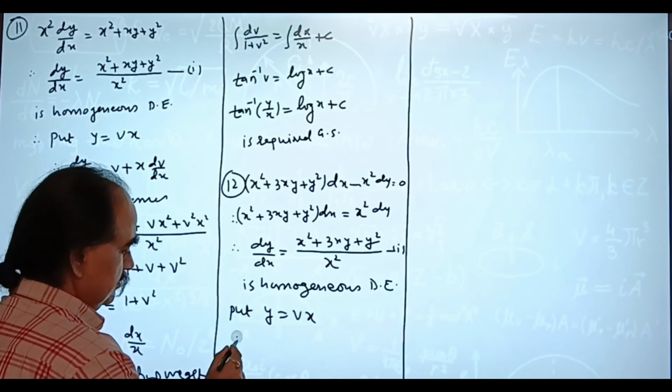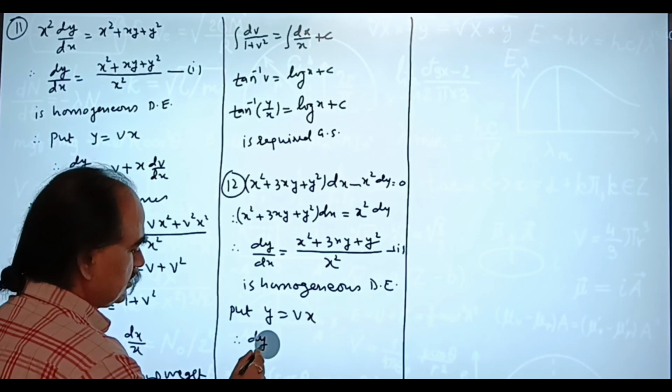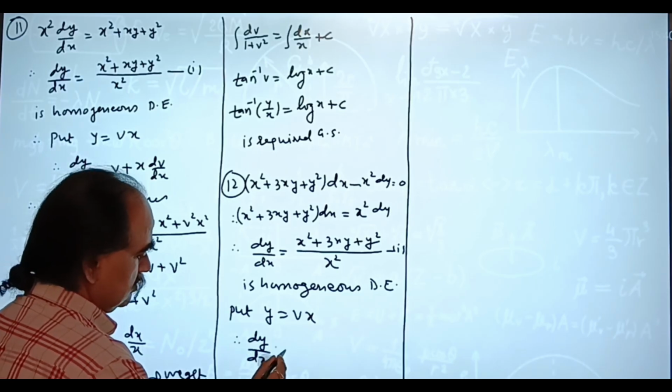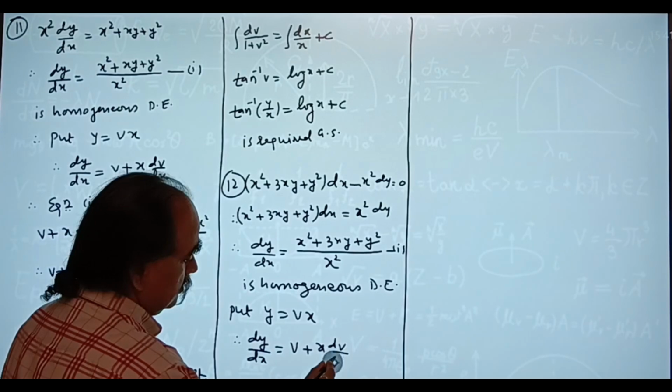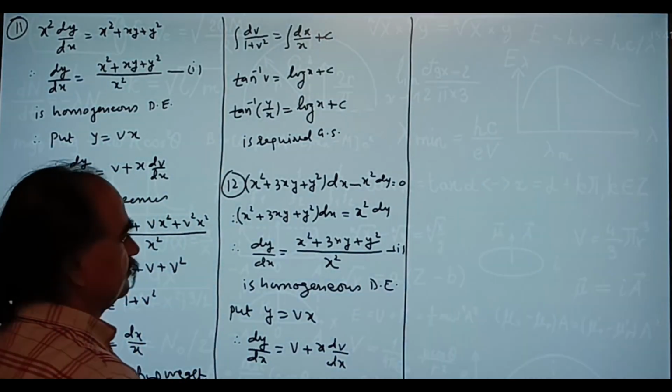So put y is equal to vx. Therefore dy by dx is what? v plus x dv by dx.